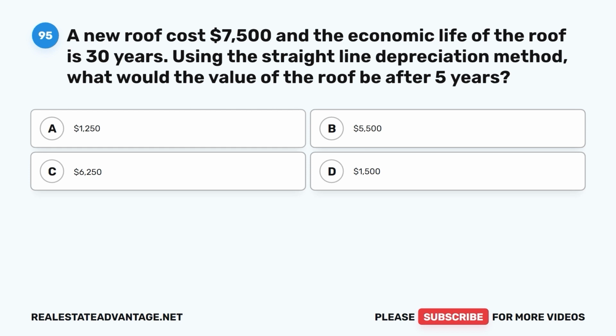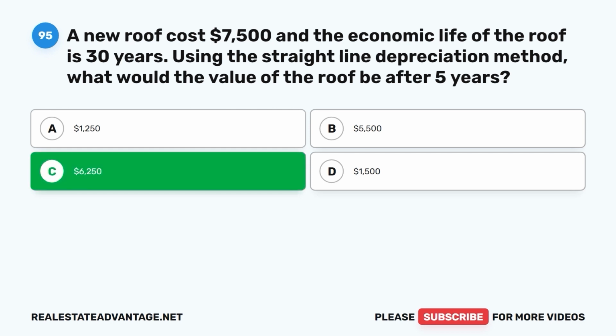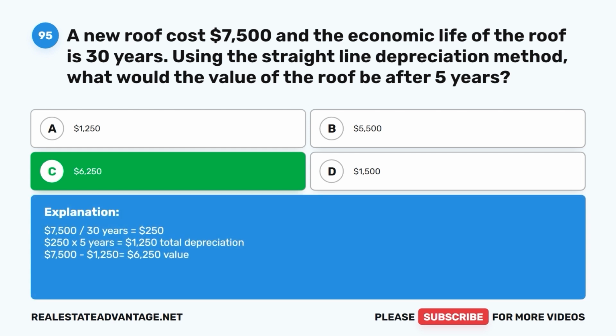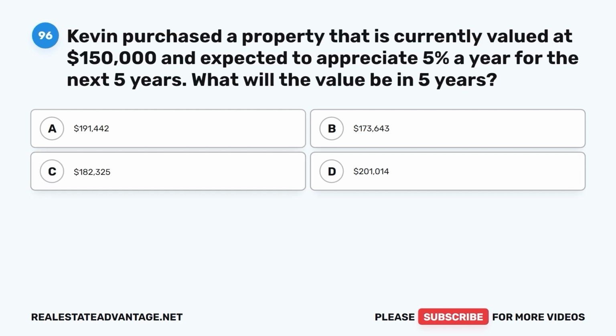The correct answer is C. $6,250. $7,500 divided by 30 years equals $250. $250 times 5 years equals $1,250 total depreciation. $7,500 minus $1,250 equals $6,250 value.